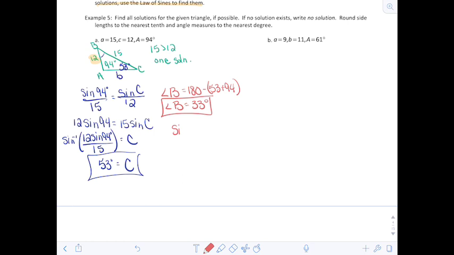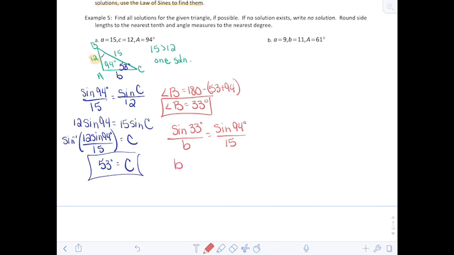So I'm going to take the sine of 33 degrees over B, and that's going to be equal to, you can pick one or the other, I'm going to use the sine of 94 over the opposite side, 15.